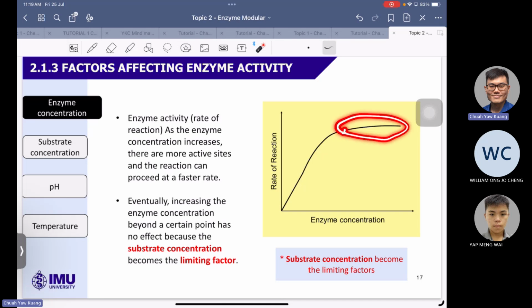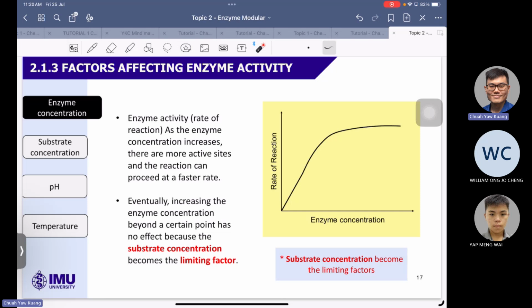Point number three is as you increase the enzyme concentration beyond a certain point of the graph, further increase in the enzyme concentration will no longer increase the rate of reaction.